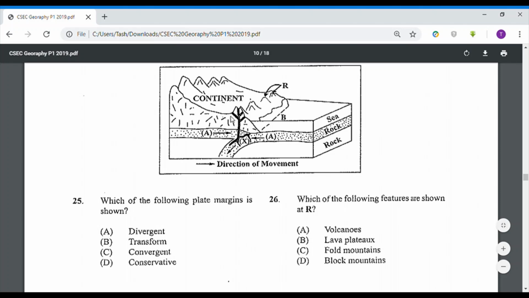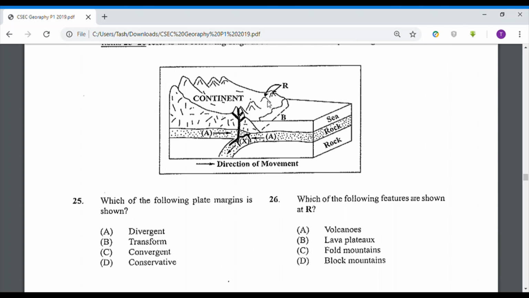So the same way that at the front where we show a cross section there's a volcano, it means that in a line right behind the volcano here, there are other possible volcanoes. So you may end up with a chain of volcanic islands. So for 26, our answer is letter A.